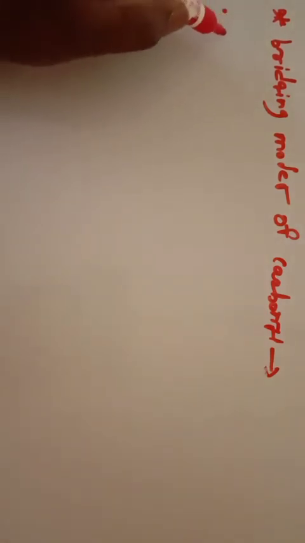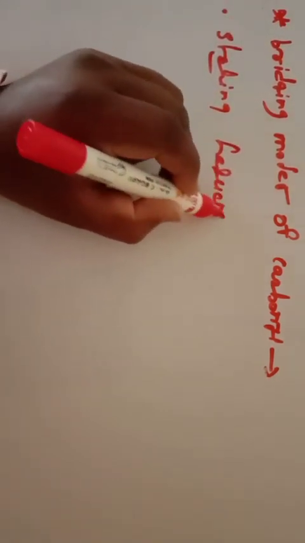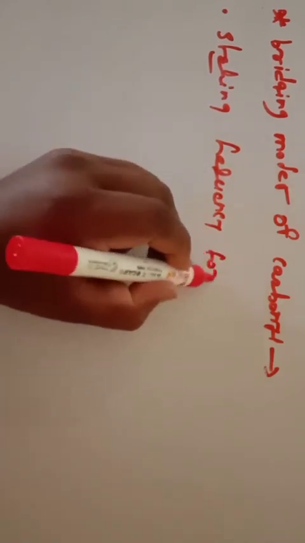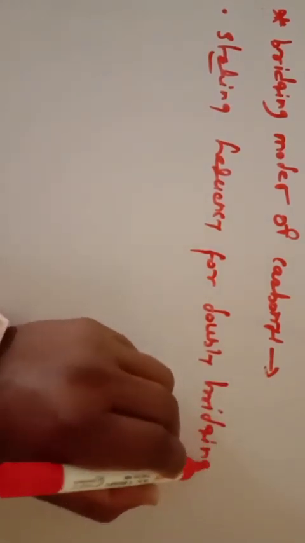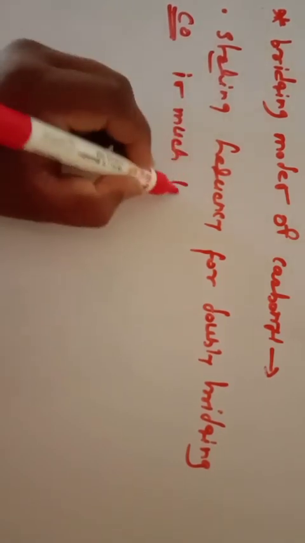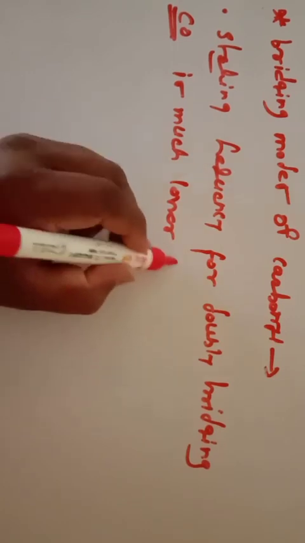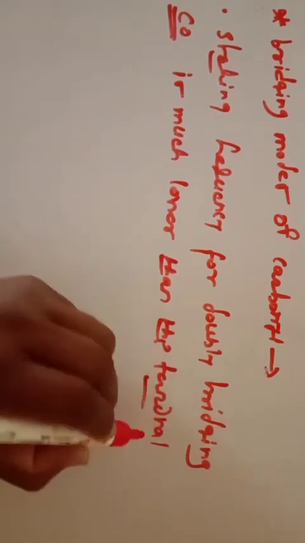Therefore, the stretching frequency for doubly bridging carbonyl, which means the carbonyl is bridged between two metal atoms, is much lower than the terminal carbonyl. So this is the important point.